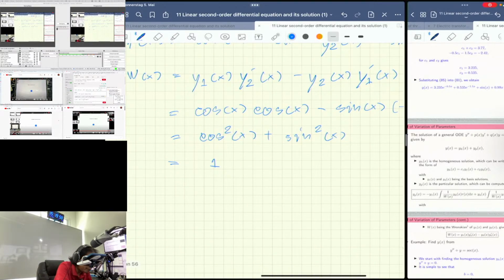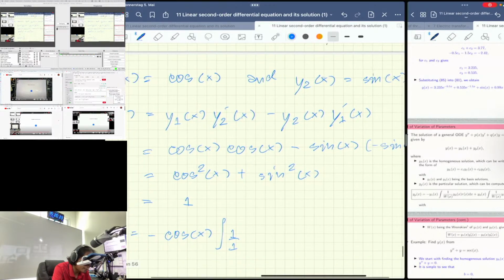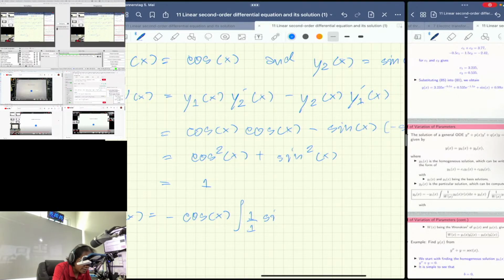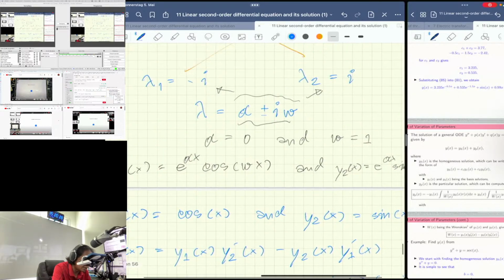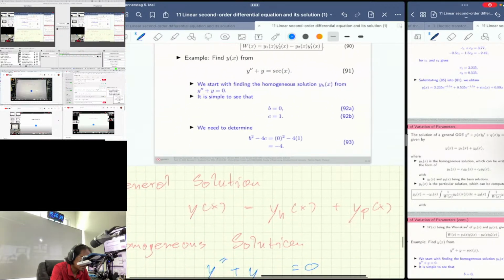yp(x) will be negative y1, which is negative cosine x, and the integration of the Wronskian, which is 1 by 1, y2(x) is sine x. In this case, the g(x) is secant.